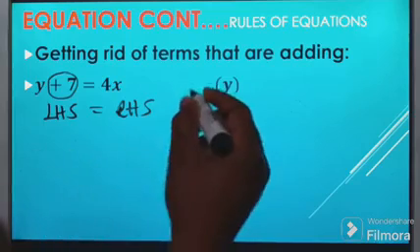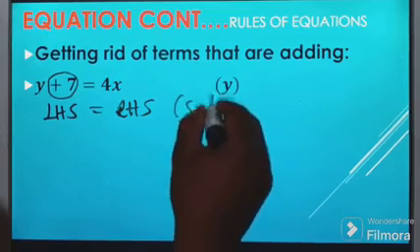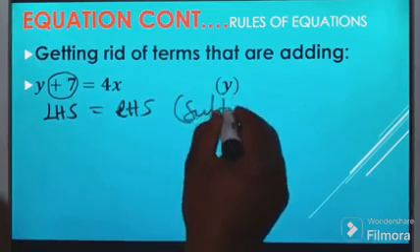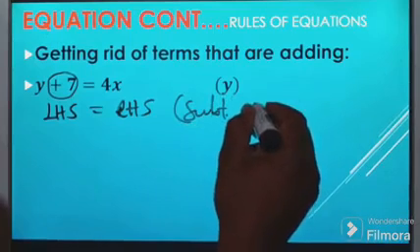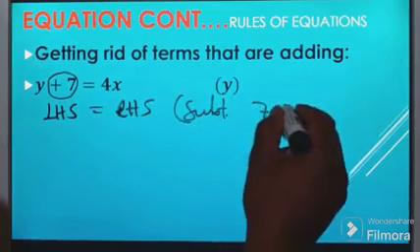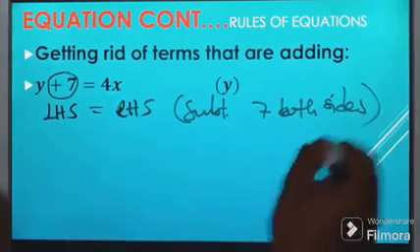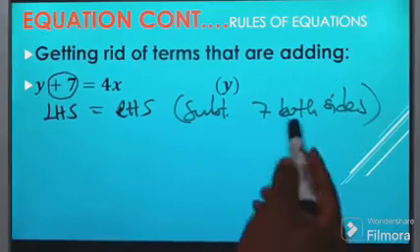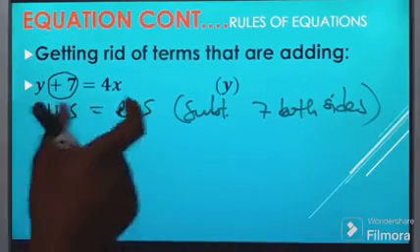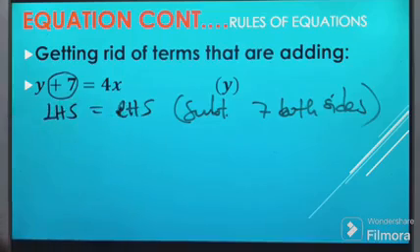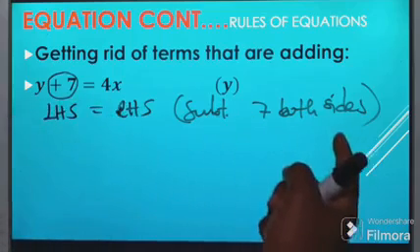So we're going to subtract 7 both sides. Remember, why both sides? We want to maintain the equality of the equation.